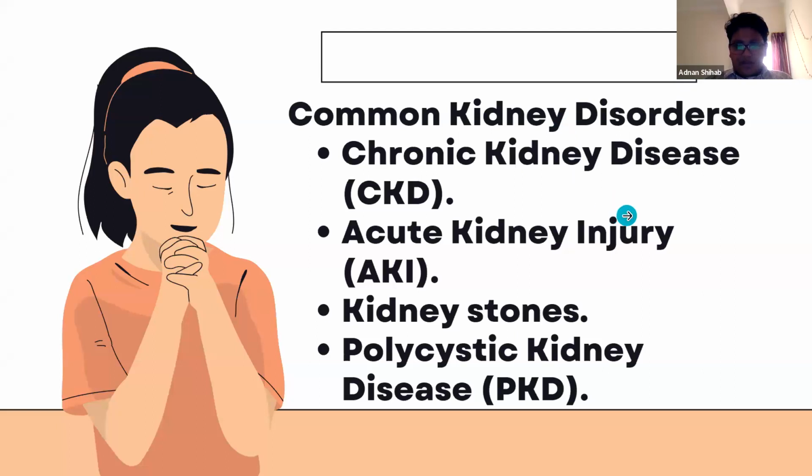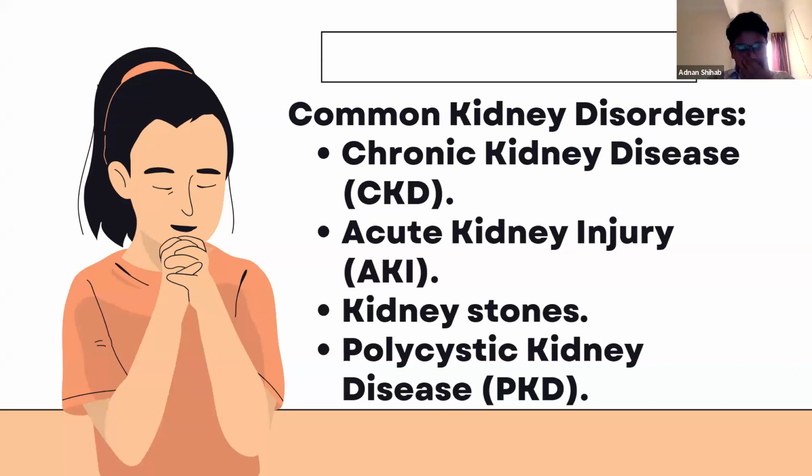Now, common kidney disorders are chronic kidney disease, where there is a period of time before the kidneys are damaged. Maybe when you get old, there will be a problem for kidneys. It's called chronic kidney disease, or CKD.